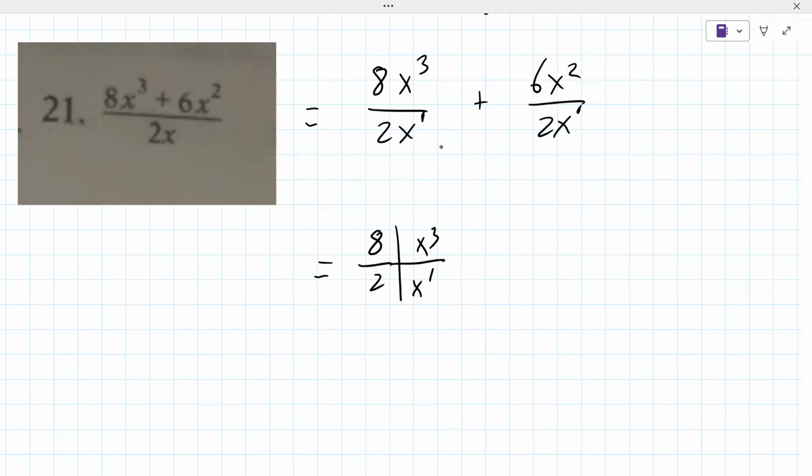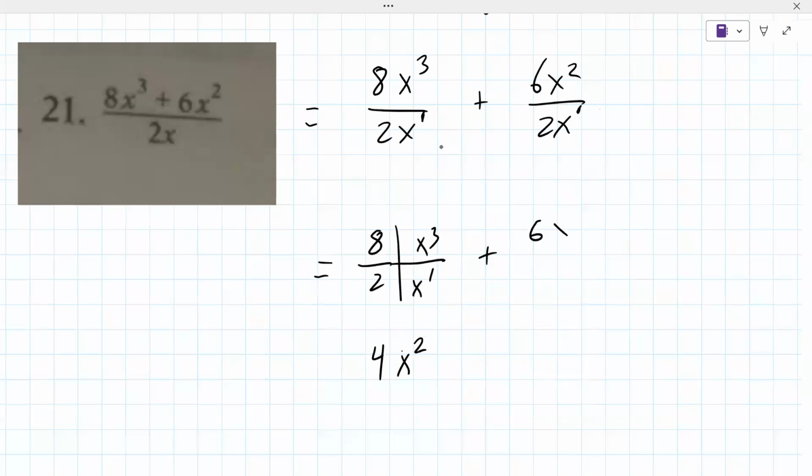So what is 8 divided by 2? 4. And then x cubed over x to the 1. 3 divided by 1, that'd be, no, you subtract the exponents when you're dividing. That's 2. x squared, okay?